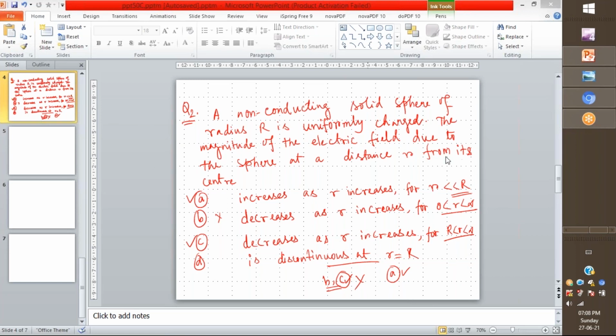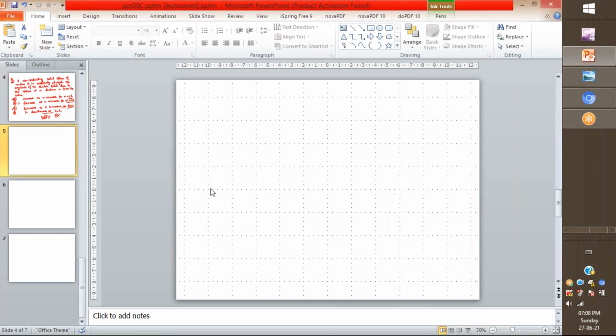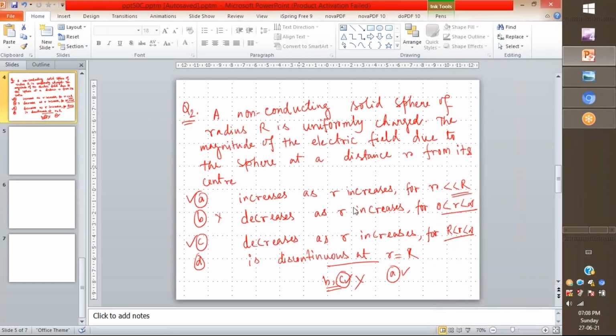Okay, this is your question. For a non-conducting sphere, how will the charge be spread uniformly? Yes, sir.